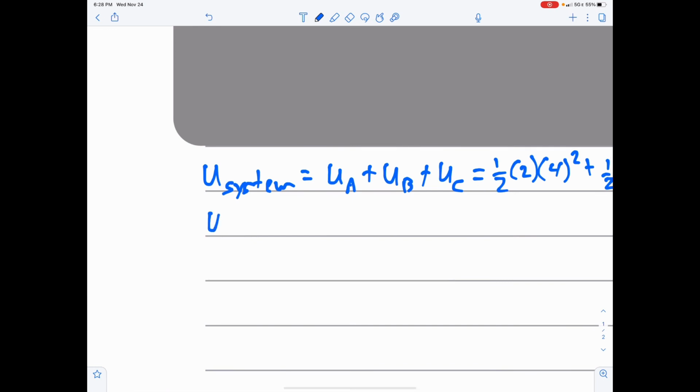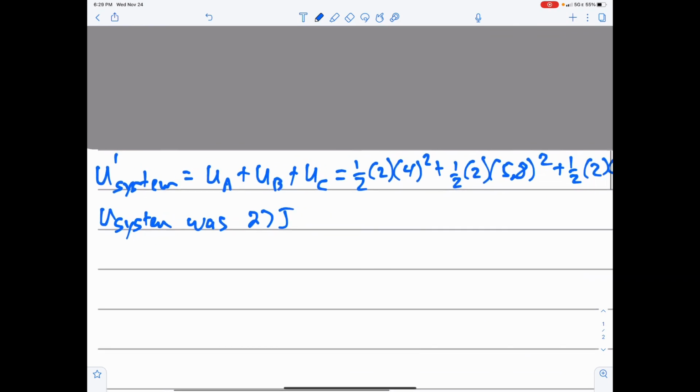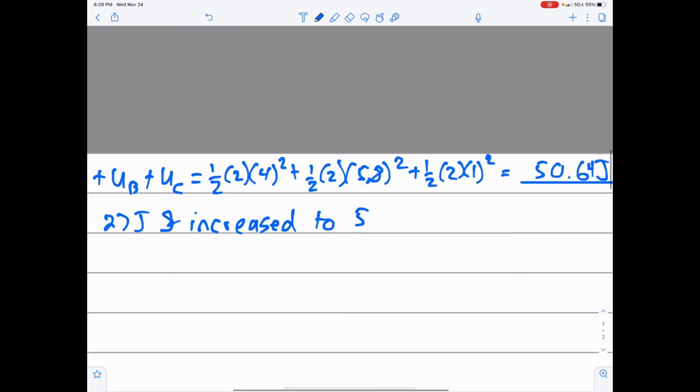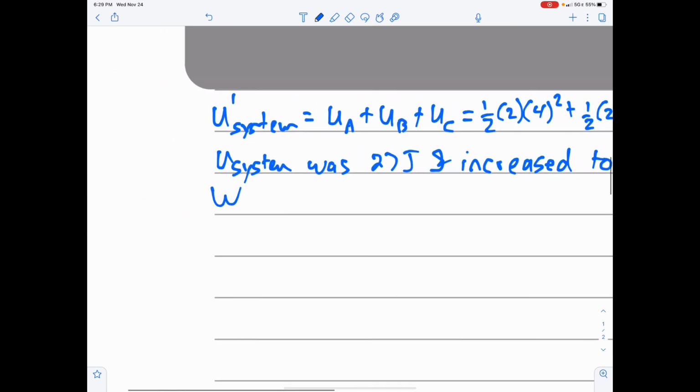The potential energy, I'm going to call this U system prime. The original U of the system was 27 joules and now increased to 50.6 joules.